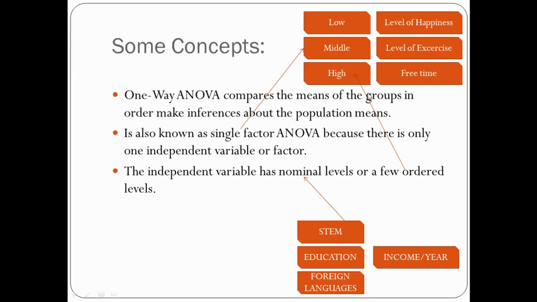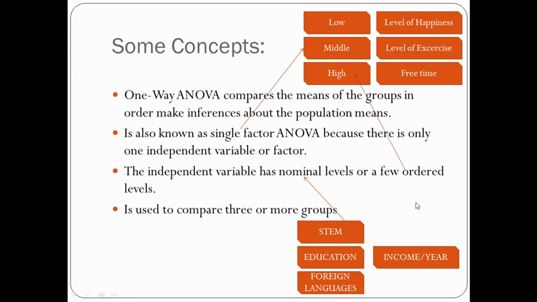So these levels here are also basically ordered: low, middle, and high. Middle income group earns more money than low income group, and high income group earns more money than low and middle income group. So, ladies and gentlemen, we are done with the third concept of ANOVA.